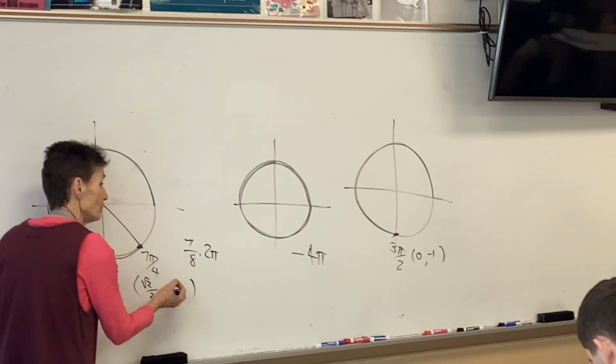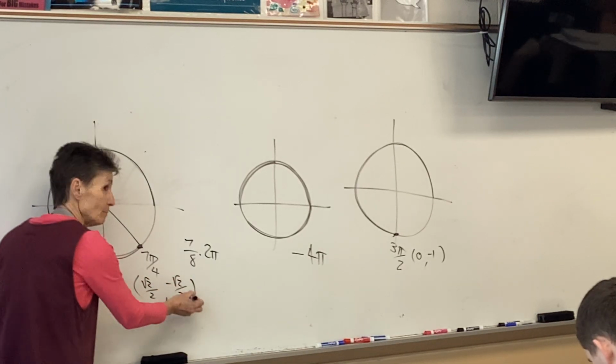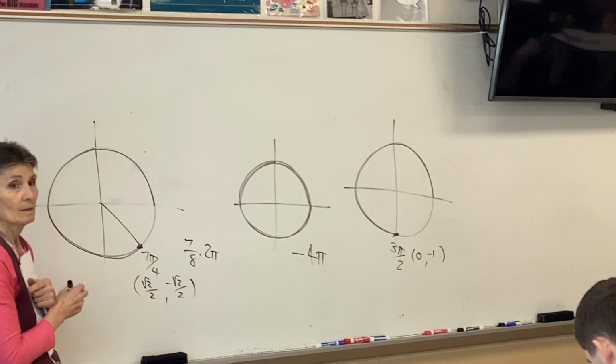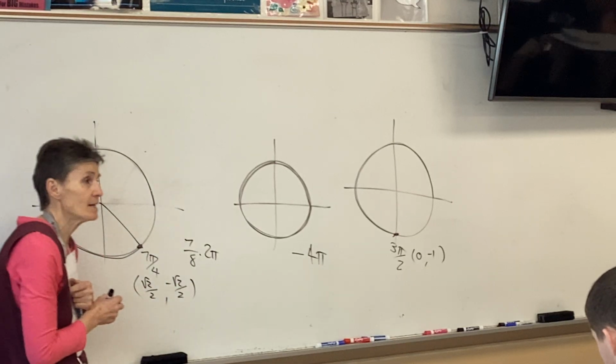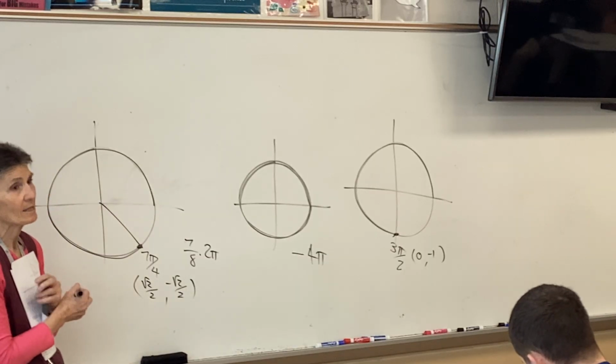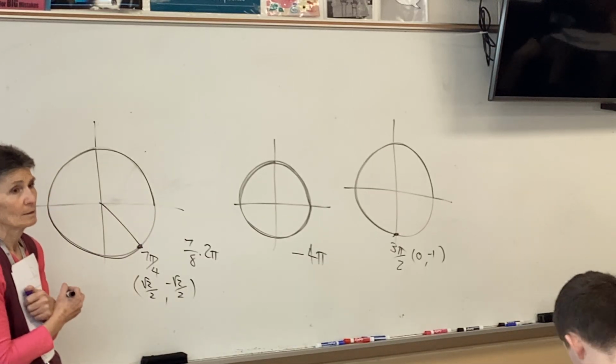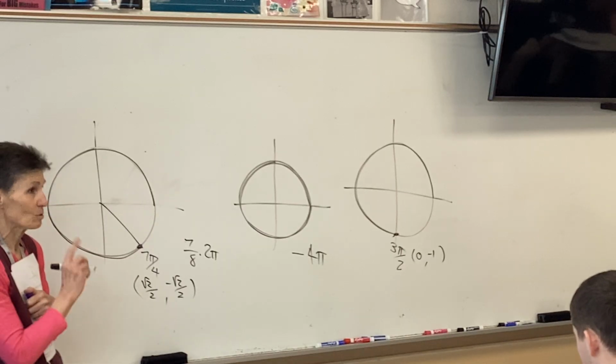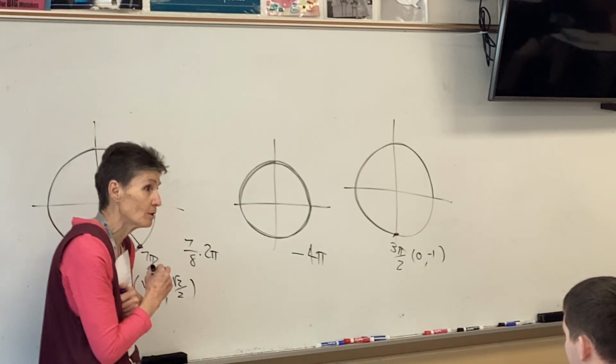Root 2 over 2, negative root 2 over 2. So what's the tangent of 7 pi over 4? -1. Bingo, because what's tangent? Y over x.